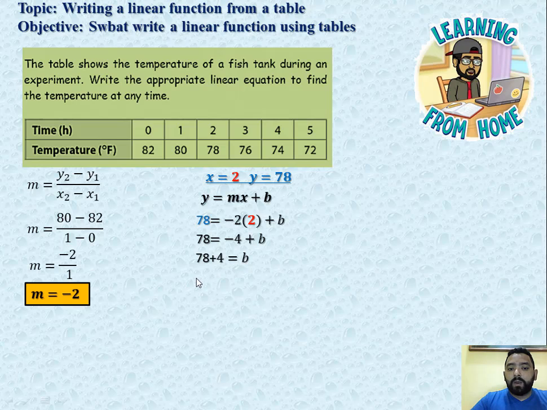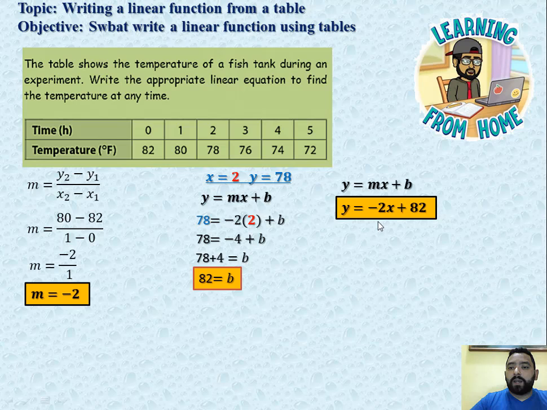So we multiply negative 2 times 2, which is negative 4. Then we use the inverse operation: 78 plus 4, since this is negative, we move it to positive. Then we have 82 equals b, and this is the y-intercept.